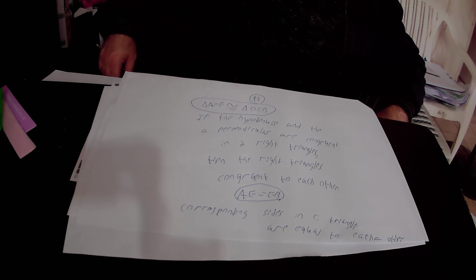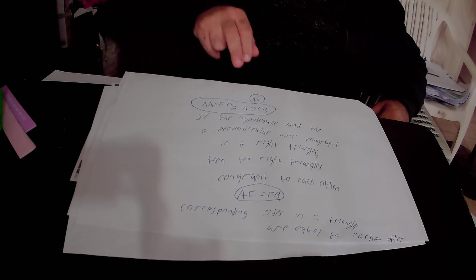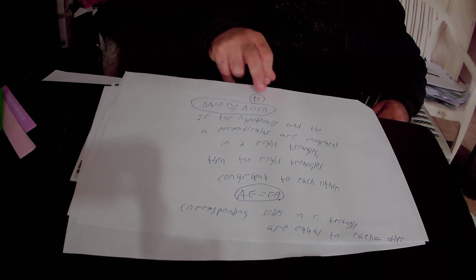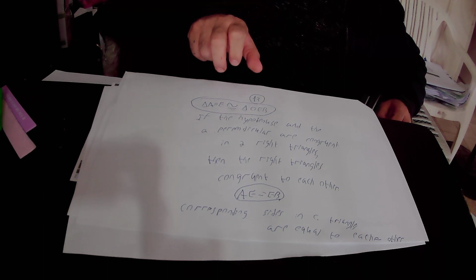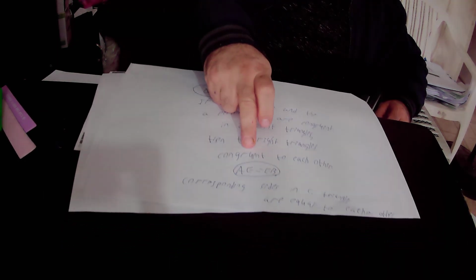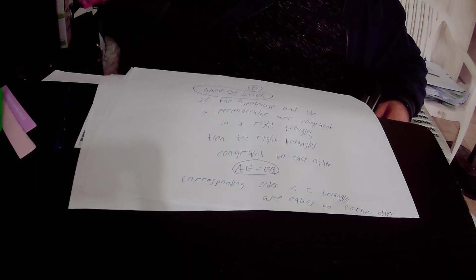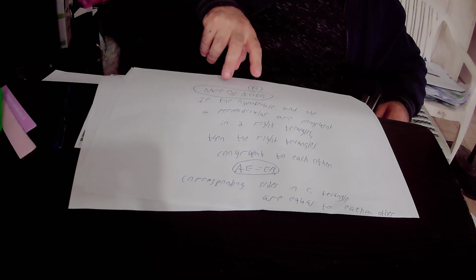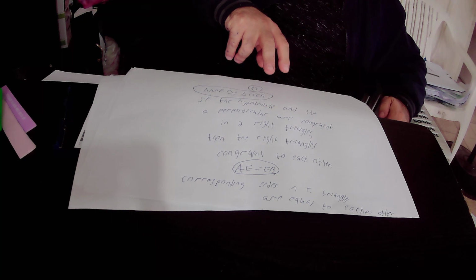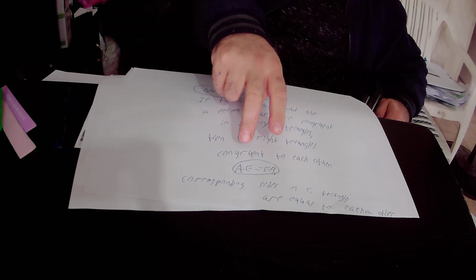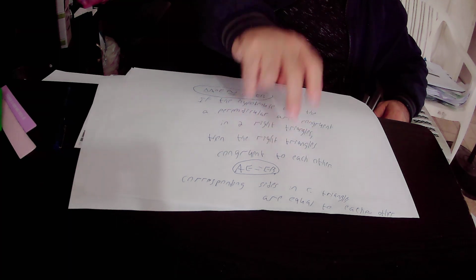Whenever you have two right triangles and they have a hypotenuse and one perpendicular that are equal to each other, then those two triangles can go into each other. Therefore, triangle AOE is going to go into triangle OEB, and we will conclude that AE equals EB, according to the rule that corresponding sides in congruent triangles are equal to each other. That is to say AE equals EB.